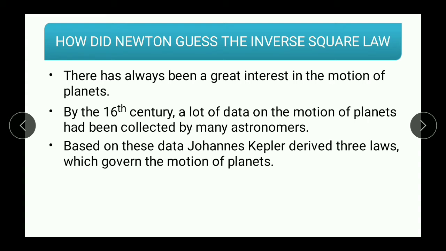So he was an astronomer himself, and Johannes Kepler at that time used to work with Tycho Brahe. After Tycho Brahe's death, Johannes Kepler collected this data and tried to analyze it. Based on this data, Johannes Kepler derived 3 laws which govern the motion of planets. These laws are called Kepler's laws.